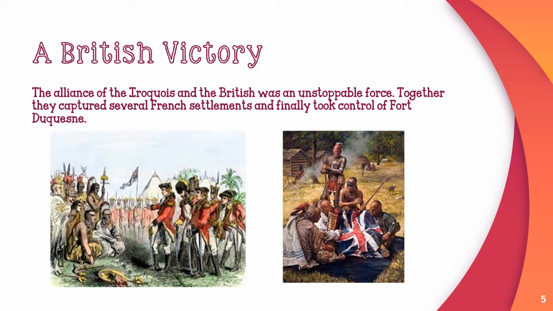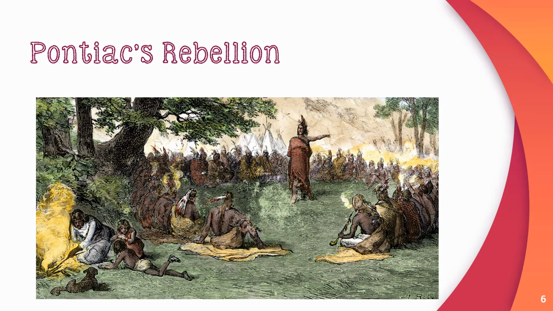So then, a few years later, after the war had been finally won by the British, an Ottawa leader named Pontiac took action to stop the British, and he led an army that attacked British forts and villages in the Ohio River Valley. After much fighting, the British destroyed Pontiac's men.